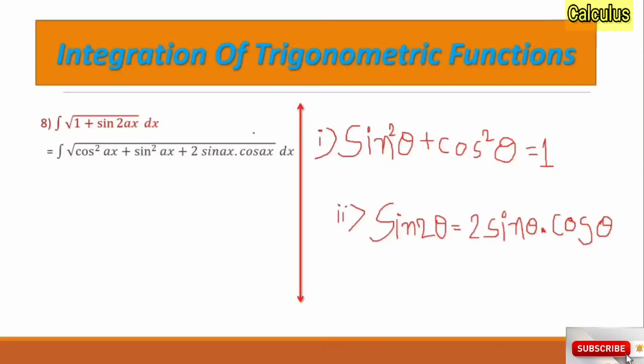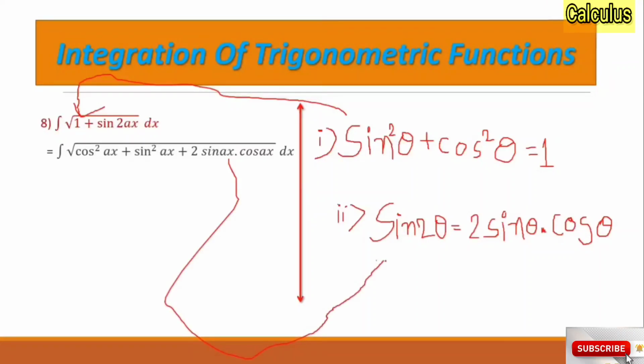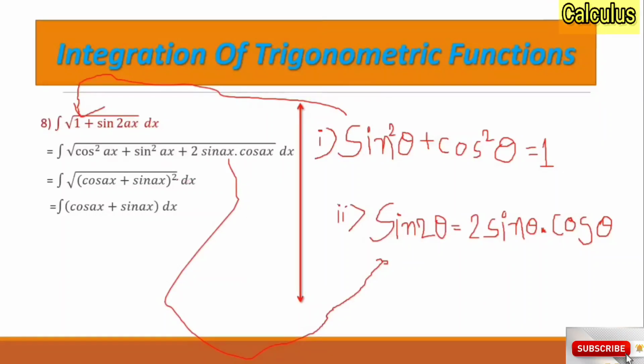That is, sine square theta plus cos square theta equals 1, and sine 2 theta equals 2 sine theta dot cos theta. That is root under cos ax plus sine ax whole square dx. This root and square get cancelled.